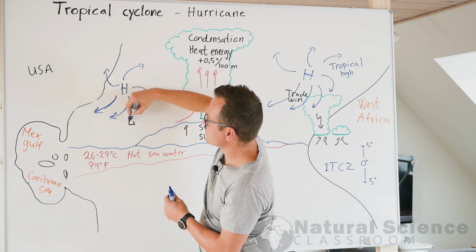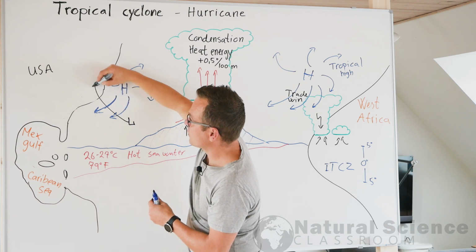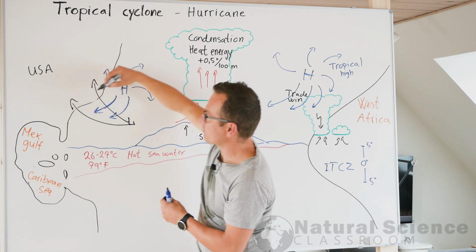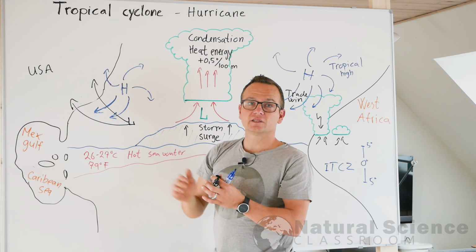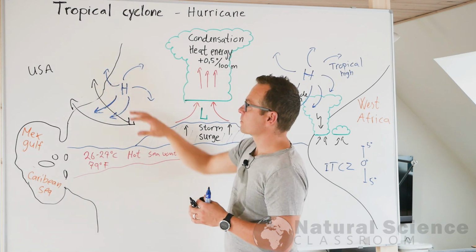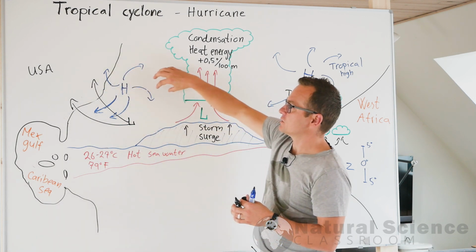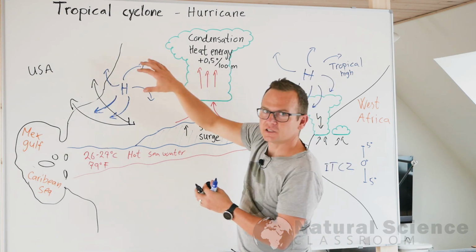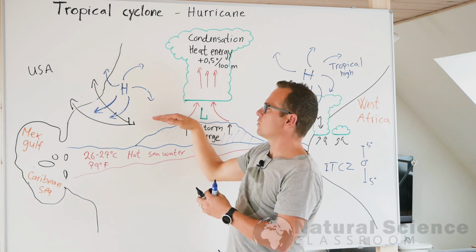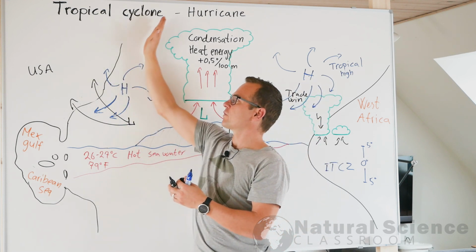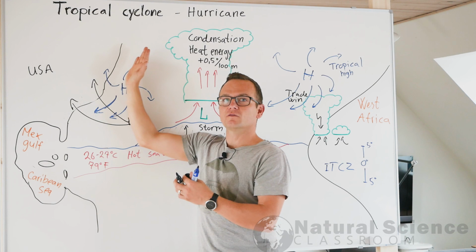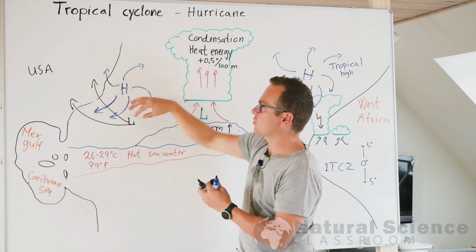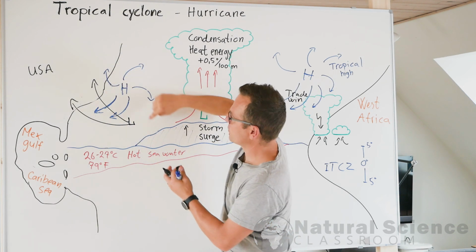It can take a pathway high up north or a lower pathway, and it's the high pressure that determines which way it's taking. If the high pressure is situated further out into the ocean, it will start the deflection even earlier, and then the low pressure will go up north, and it might even stay over seawater and not reach the coastline at all, but just have a pathway up like this.